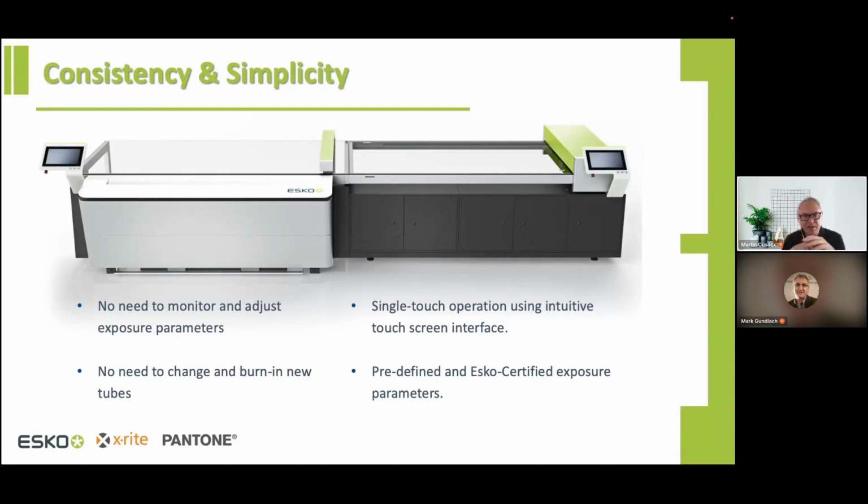You have your touch screens available, and in the touch screen here are predefined databases which have got certified plates. So again, everything that we've referred to previously is matching to certification, whether that be on the press or somewhere else.